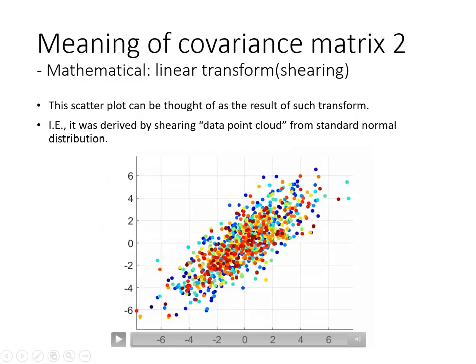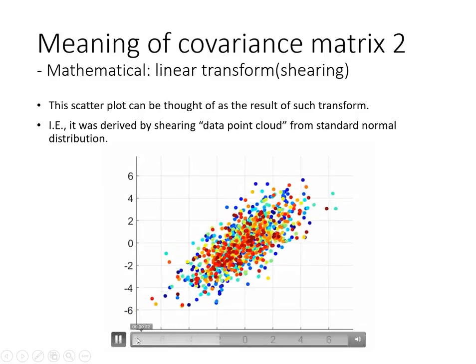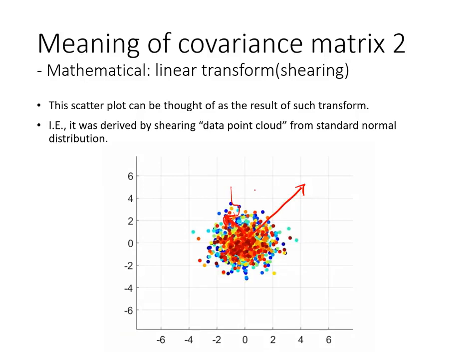So we can think of the covariance matrix as a linear transform. What the covariance matrix did is stretch out the data point cloud into this direction and this direction. Of course, there's no change in this direction this time, but if they're really different, there'll be some changes in this direction as well.